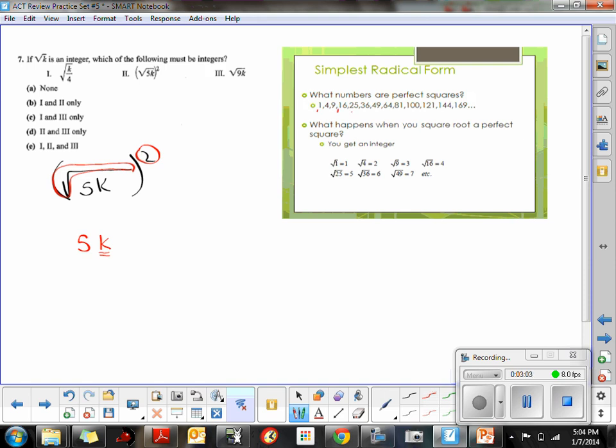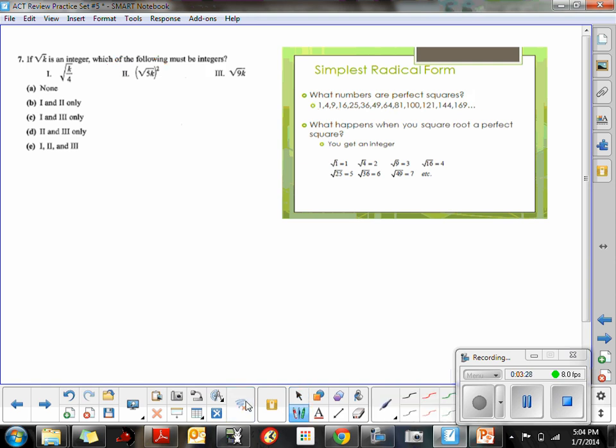And if I take 5 times any of those integers of perfect squares, I should always get another integer. And that seems fairly reasonable. 5 times 1 is 5, 5 times 4 is 20, 5 times 9 is 45. I'll always get one. So I want to keep that one. That should always be an integer as well.